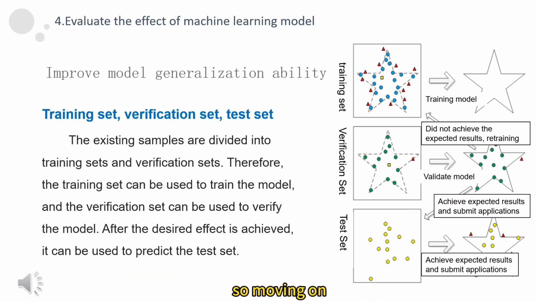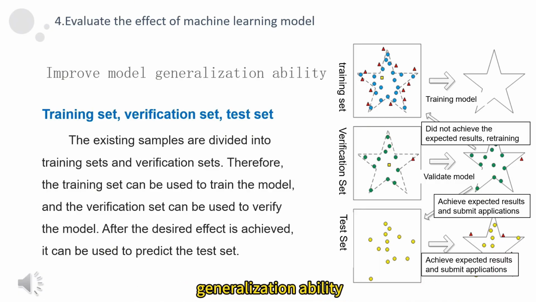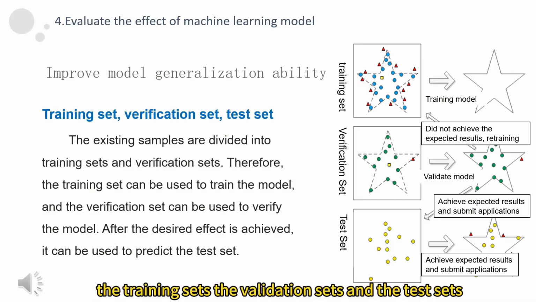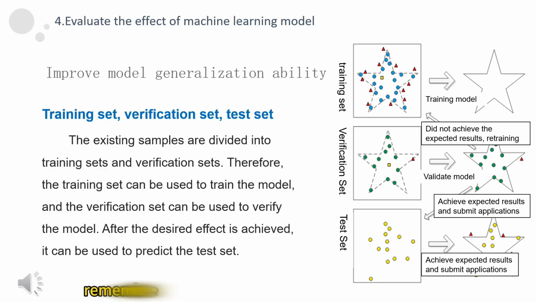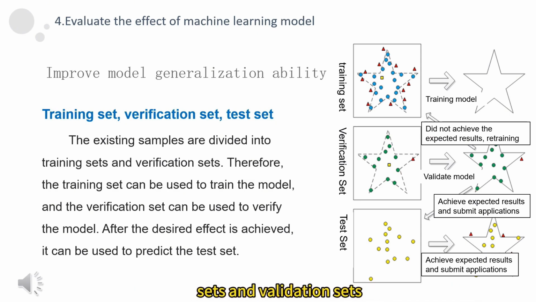So, moving on, we're still talking about improving our model's generalization ability. We've got three key sets of data to work with here: the training set, the validation set, and the test set. Remember, we've split our existing samples into training data and test data, and training data into training set and validation set.